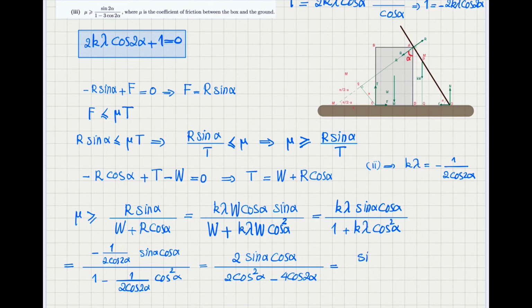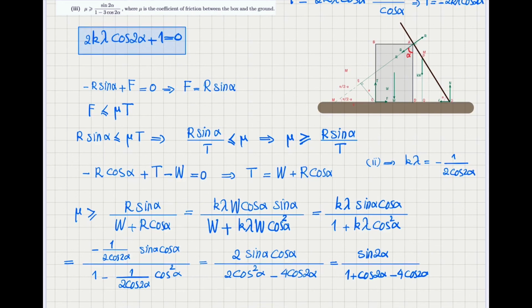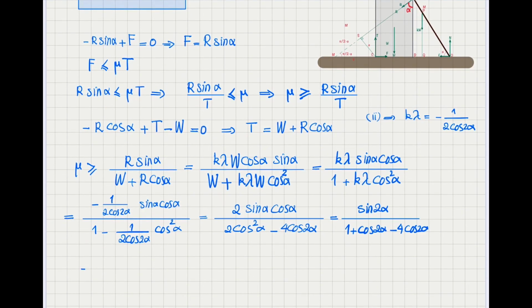So in the numerator, I will have sine 2 alpha. In the denominator, I will have 1 plus cosine 2 alpha, and then, of course, I have minus 4 cosine 2 alpha at the end. But then you see that this positive one with minus 4 of them becomes minus 3, and I will get the same expression demanded in the problem.